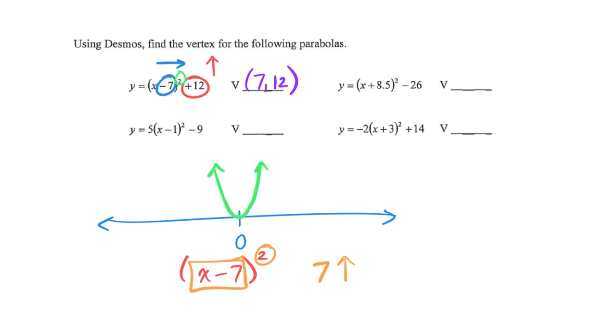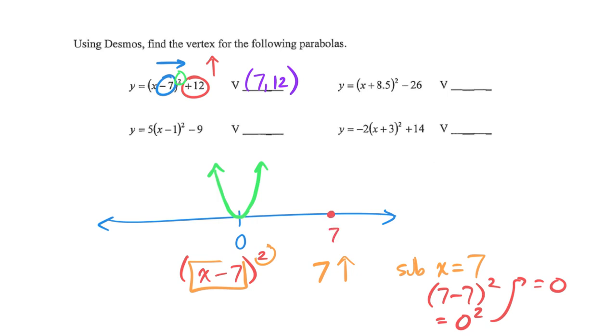For me to get that 0 on the inside, which matched up with our old vertex, I would now have to sub in an x value of 7. That gives me 7 minus 7. There's my 0. 0 squared is 0. So it's now an x value of 7 way out here that gets me my vertex.